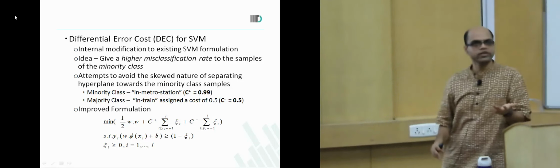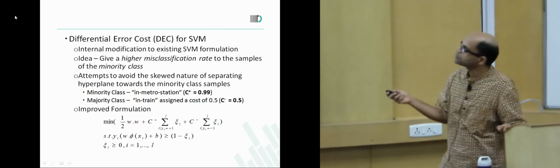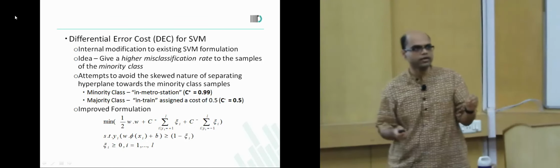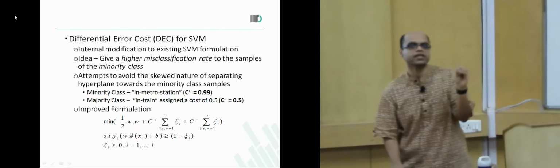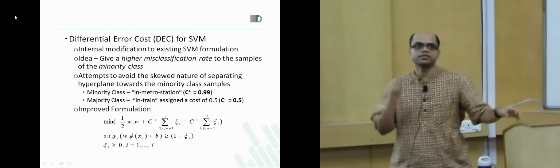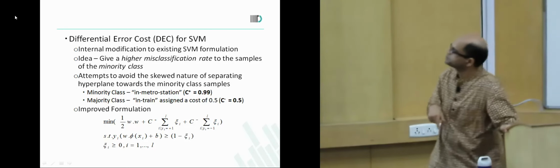So now, what can we do? Let's say we have SVM. What we can do is have a differential error cost, which means while we are training the model, if it misclassifies something for one class, we penalize that classifier far more as compared to the other class.